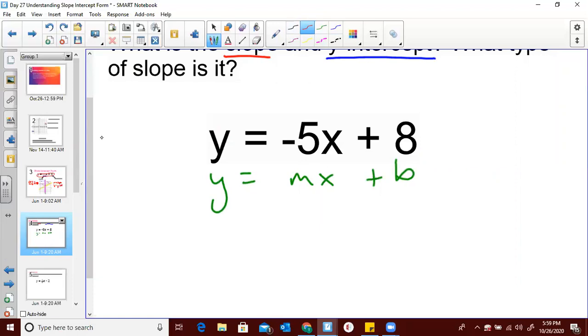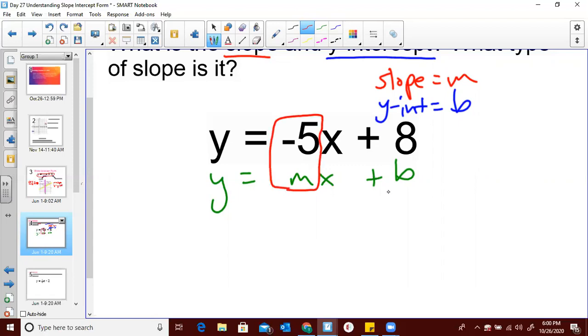Now we know that our slope is equal to m, and our y-intercept is going to be equal to b. All we have to do is match it up. We're going to box them in. We're going to have our m here, which is going to align right here with our -5.